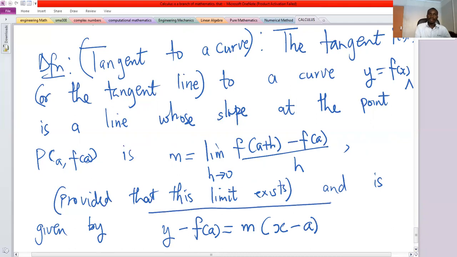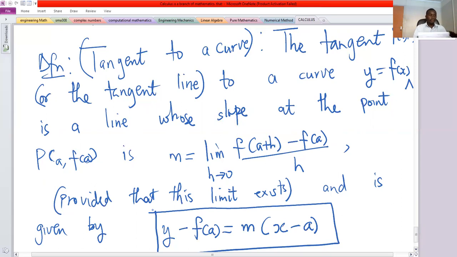So this is the equation of the tangent line to a curve at the point P of coordinates a comma f of a. So that's how we define the tangent to a curve.